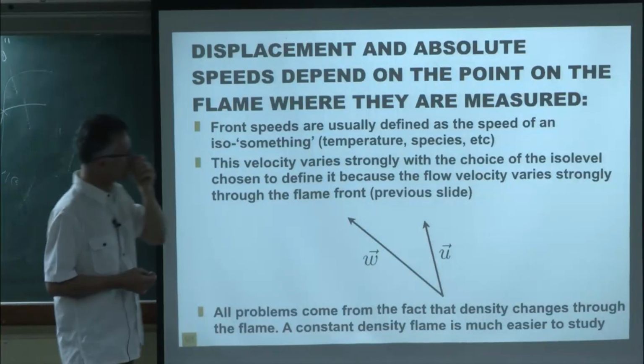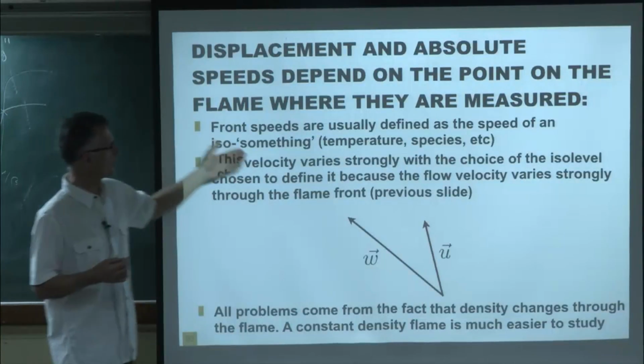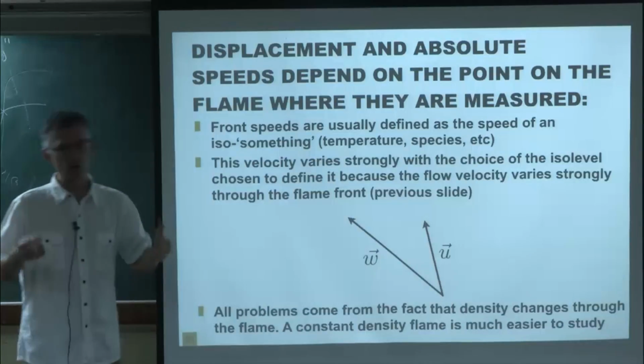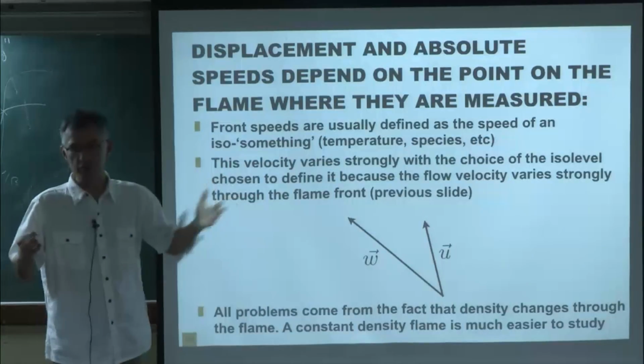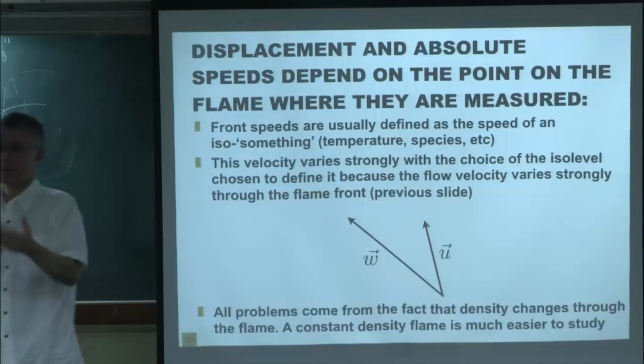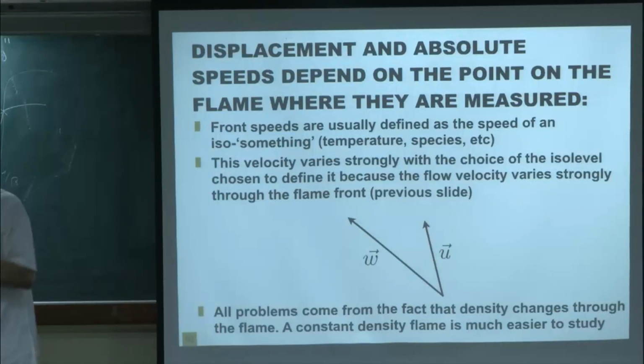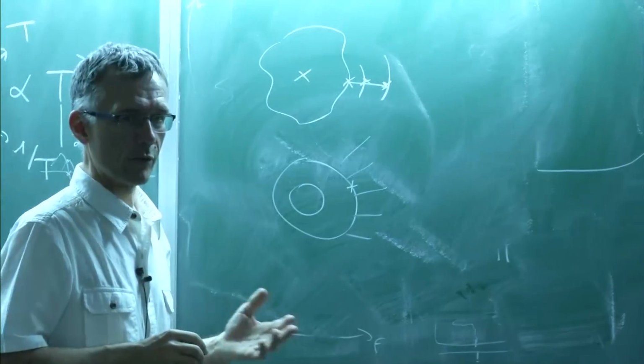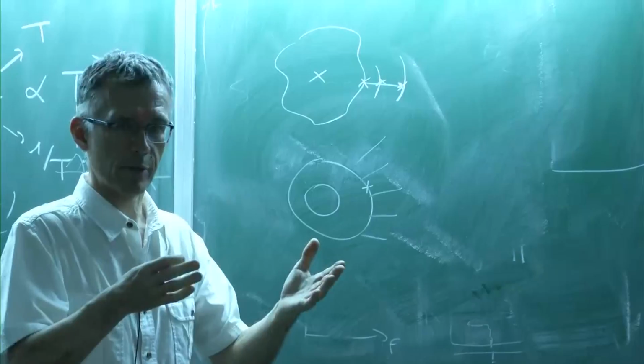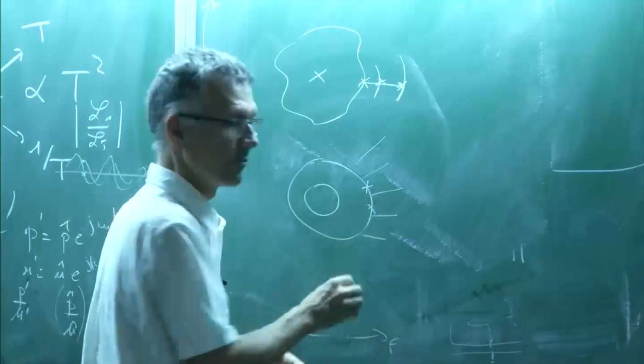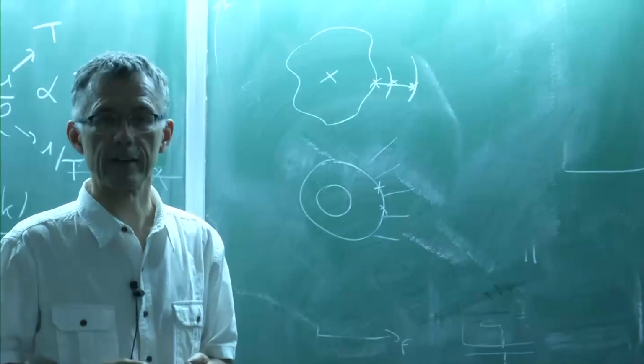Normally, you want to define speeds by saying it's the speed of an iso-something. For example, you say it's an iso-temperature. You say, I take iso-temperature 2000 K, and that's what I'm tracking. If you're doing an experiment, you can put drops here, and they evaporate at this temperature. So what you're looking at is the iso-whatever temperature you get evaporation.